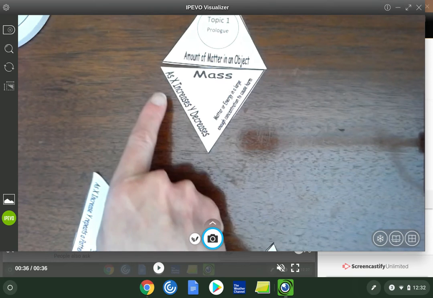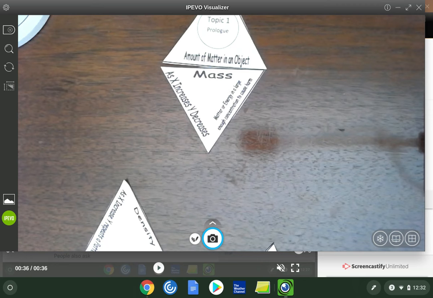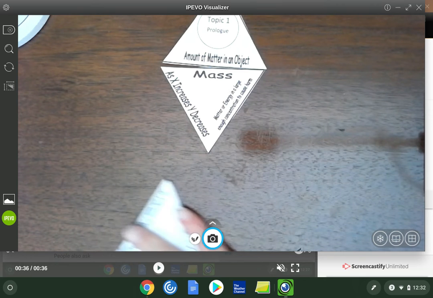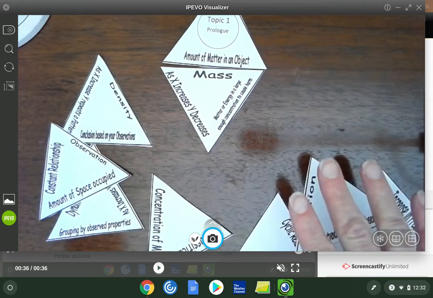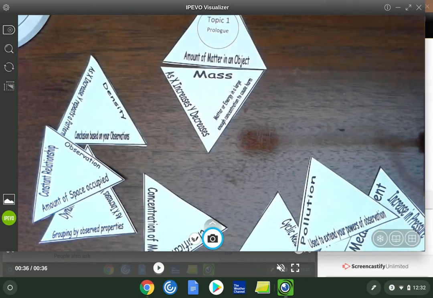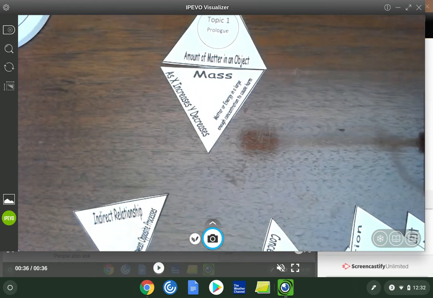On this side, as x increases, y decreases. So we want to think about what that's describing, what kind of words might that be about? And when I look at all of these, that's talking about a graphing relationship. So I want to look for the ones that talk about graphing relationships. Indirect relationship.